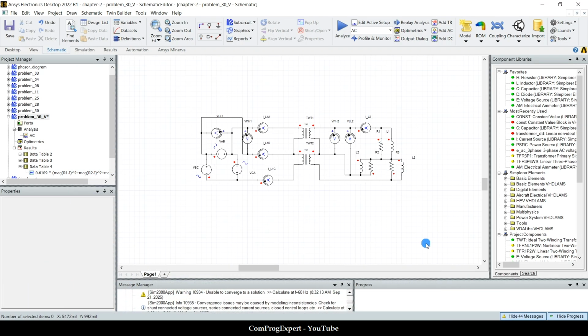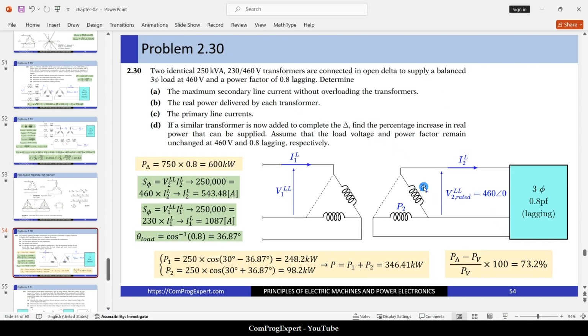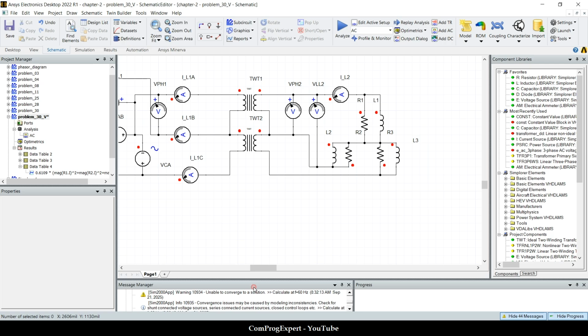How can we do that? P1 is the power delivered by this transformer, and P2 is the power delivered by this one. You can use watt meters and measure the power. So let's check the first one.